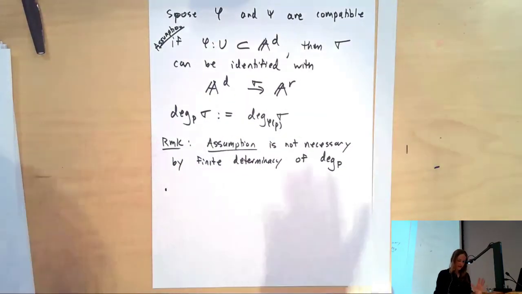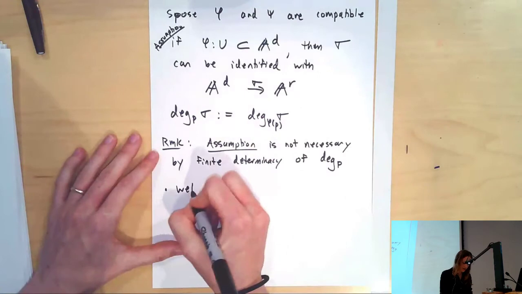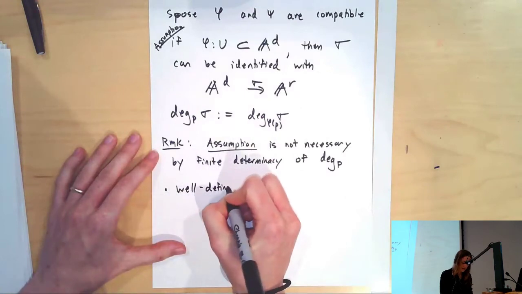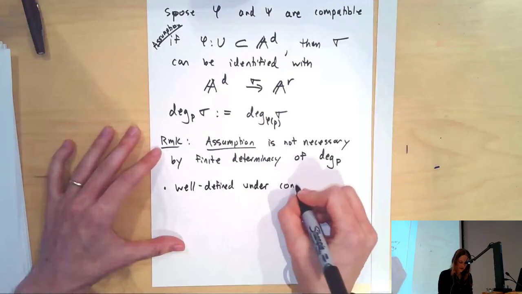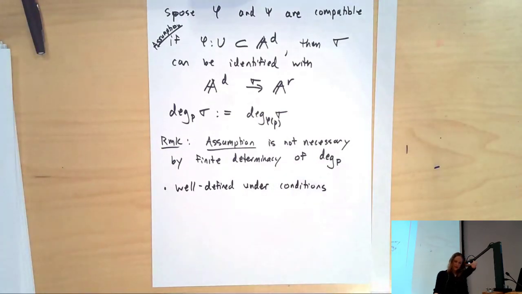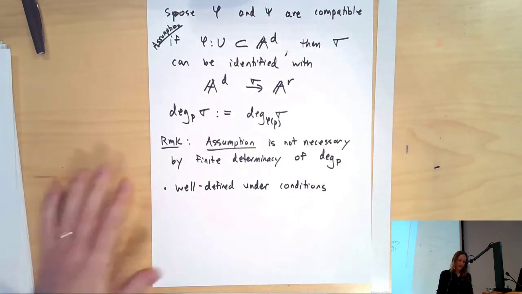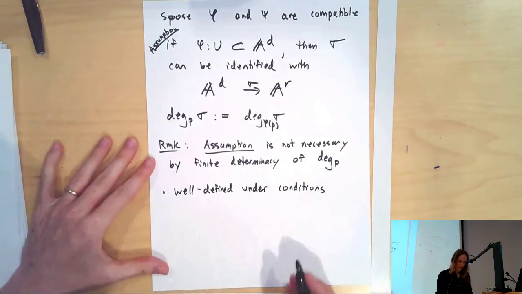I'm not going to choose to do that during the talk. So it's well defined under conditions, meaning it doesn't depend on the choice of section. Instead, let me give you other perspectives on the Euler class.